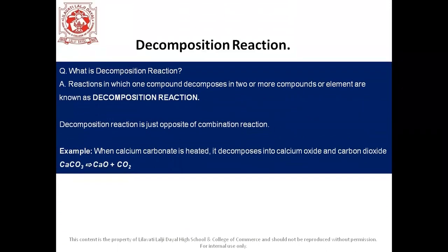Moving towards the next reaction, that is decomposition reaction. Here, students, in this reaction, there is only one reactant. So let's see what decomposition reaction is all about. Reactions in which one compound decomposes into two or more compounds or elements are known as decomposition reactions. So a decomposition reaction, students, is just the opposite of a combination reaction.